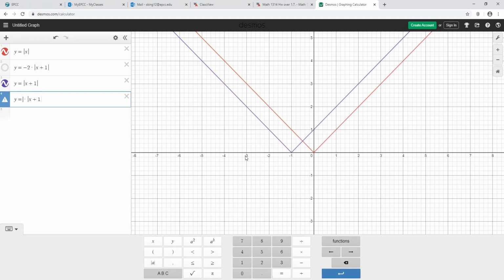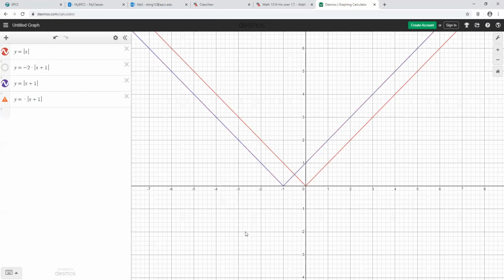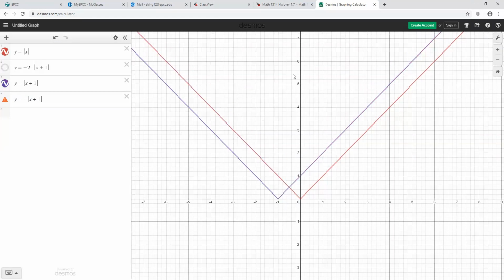Yes. So what's going to happen to this point right here? It's 3 units away. It's going to go all the way up to how much? 6. So let me move this down a little bit so that we can see it. So this point right here, it's going to move all the way up to right here.